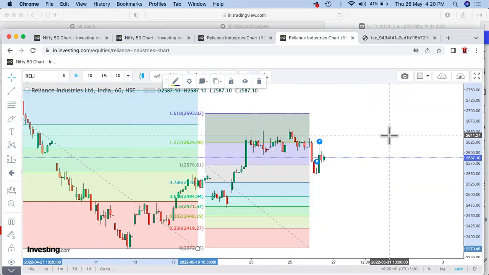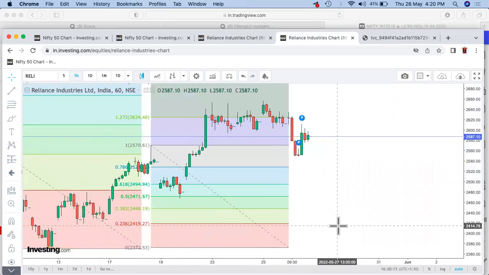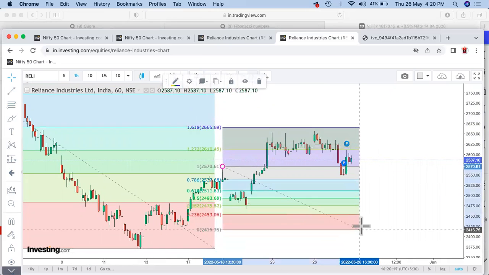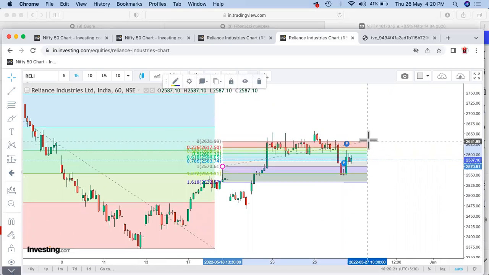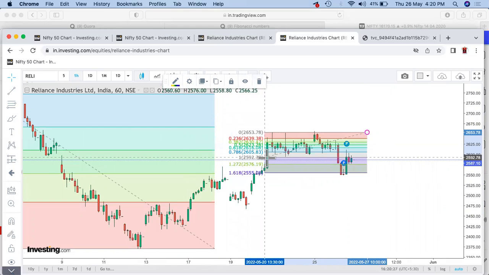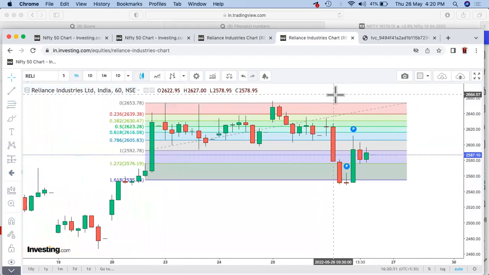This has been there. Now, if I consider this same Fibonacci and draw it in a different way from top to the bottom, right? Let's say, for example, this is my top and this is my bottom, which has been formed, right?